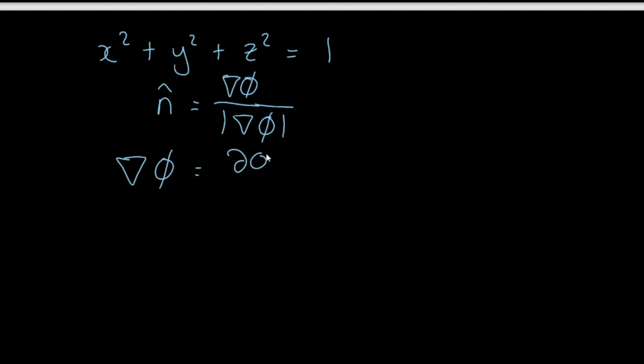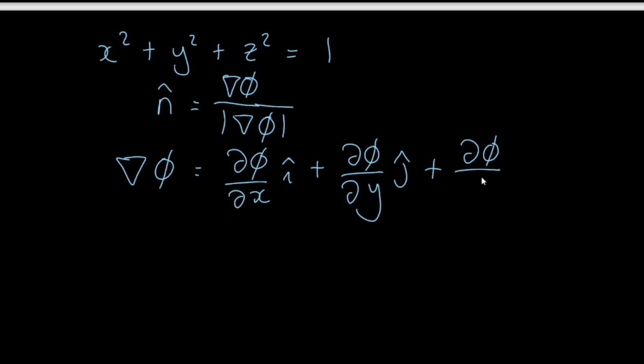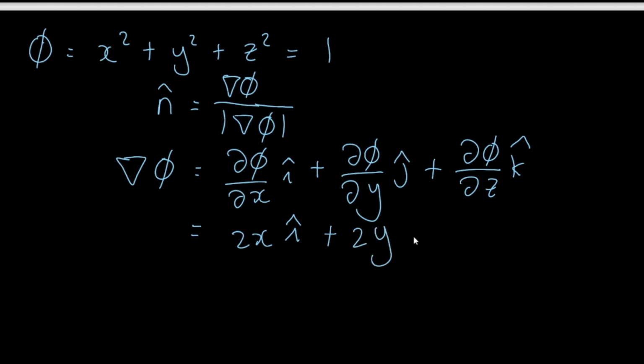It's simply the partial of phi with respect to x i hat plus the partial of phi with respect to y j hat plus the partial of phi with respect to z k hat. We set this equal to phi, so the first component is just 2x, the second component is 2y, and the third component is 2z.